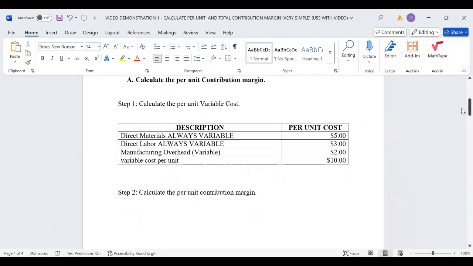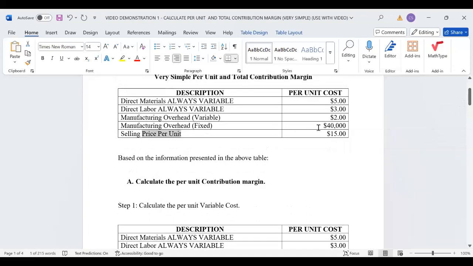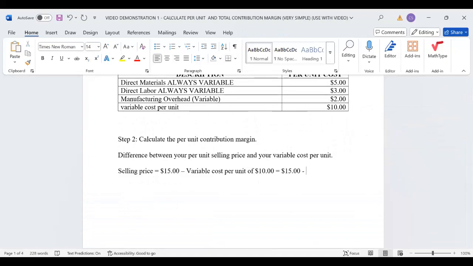Your contribution margin is the difference between your per unit selling price and your variable cost per unit. So we already established that the variable cost per unit is $10. We know that the selling price is $15, so we're going to subtract 10 from 15. So your contribution margin per unit would be $5.